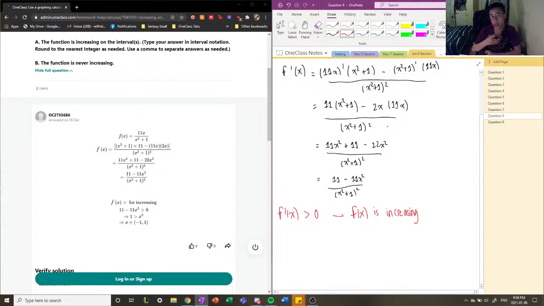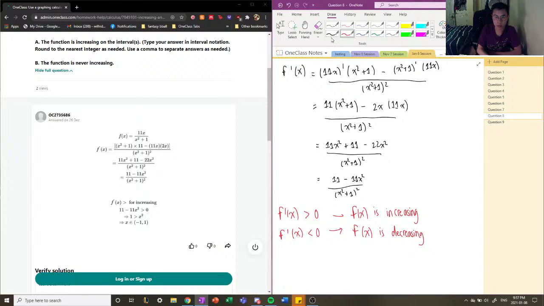That means this function could be in the huge negatives, but if f prime of x is greater than 0, as x continues to go towards the right, toward infinity, the function is increasing. Okay? Alright. So if f prime of x is less than 0, then f of x is decreasing. And these are two important principles that we're going to apply to this question to answer it.